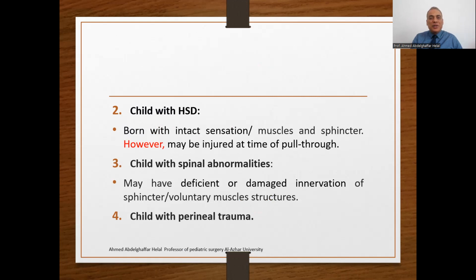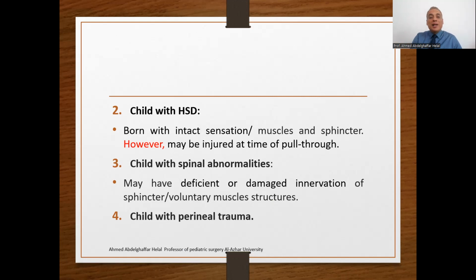And the problem here is catastrophic. You change a fecally continent child with a pathology related to absence of the ganglion cells and constipation to a fecally incontinent child due to destruction of the continence elements during surgery.